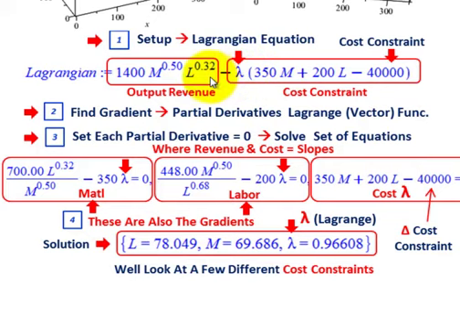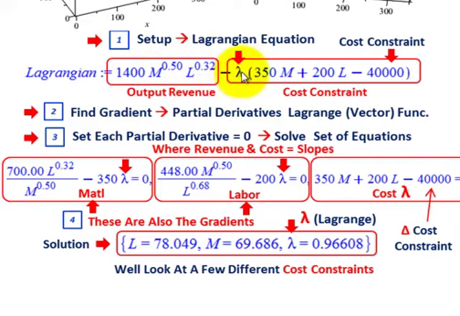Okay, so then the next thing we have to do here, we have to find a gradient, or take the partial derivatives of this Lagrangian function, and we have to do that in terms of material, labor, and also our Lagrangian multiplier, or our lambda. Okay, so we would do that here, and then we set each of these partial derivatives equal to 0, and we solve our set of equations. So we end up with three different variables: material, labor, and then this artificial variable Lagrangian.